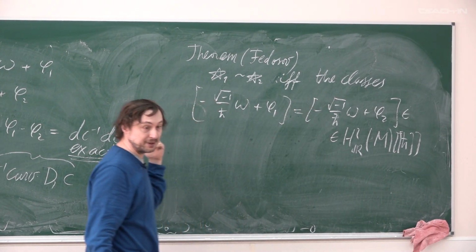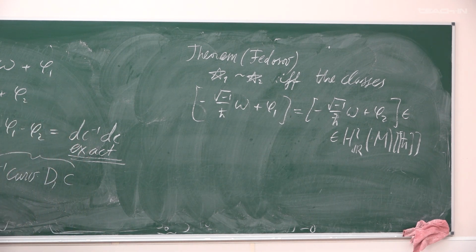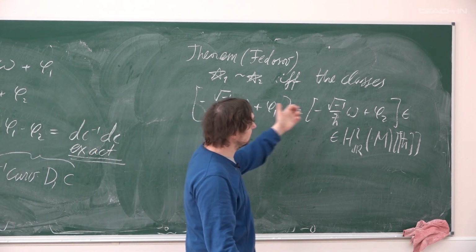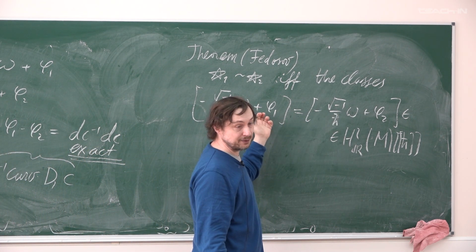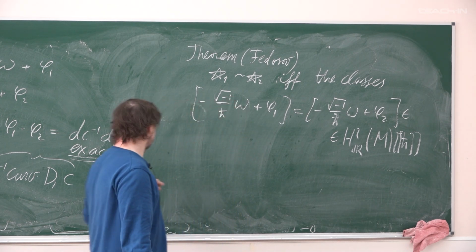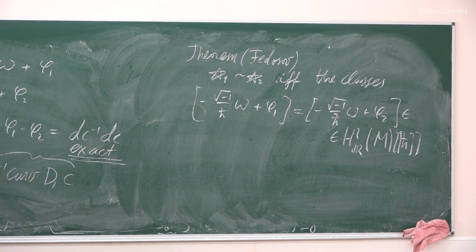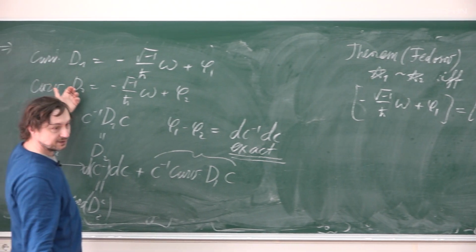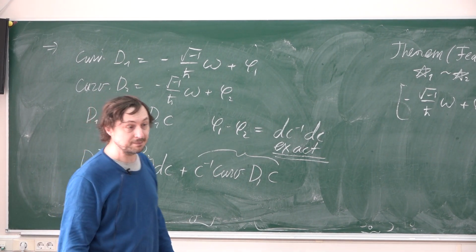That's what I more or less explained. But if you want to derive the opposite fact, that if these two elements are the same in cohomology, then there always exists an equivalence of these flat abelian connections.